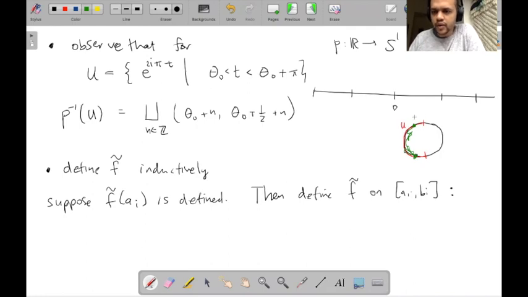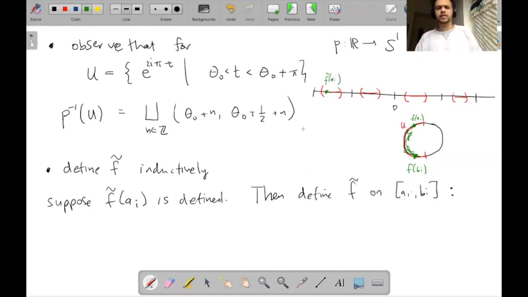And so here's f of a_i as before and f of b_i. And then we have the pre-image upstairs, which is a union of these intervals. And we're assuming f tilde of a_i is defined. So f tilde of a_i is in one of these intervals.